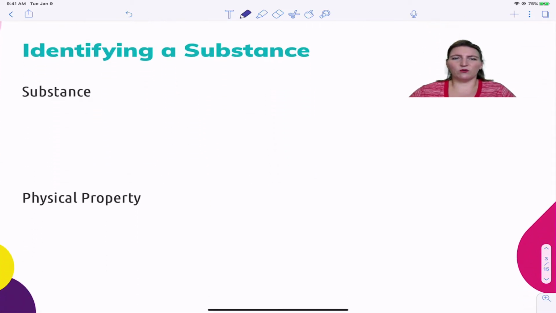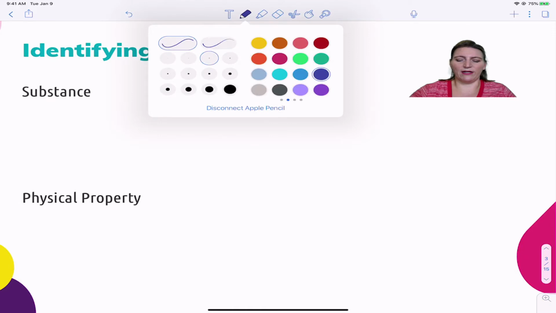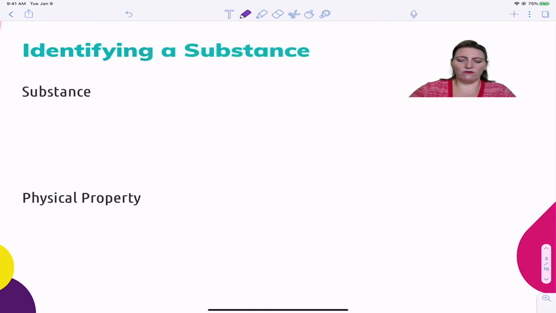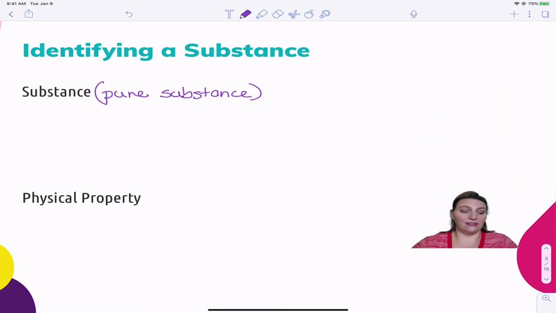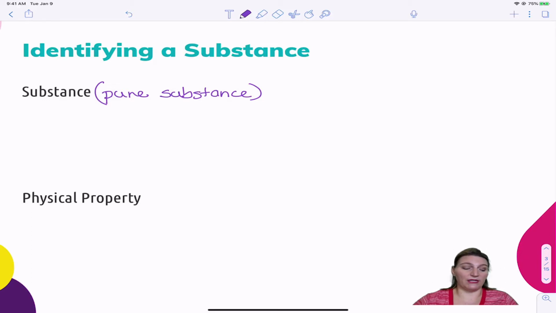We've been talking about this word substance. What do I mean by a substance? What I really mean is maybe a pure substance. You'll see those two words used interchangeably. But what is a pure substance? A pure substance is matter that has distinct properties and composition.